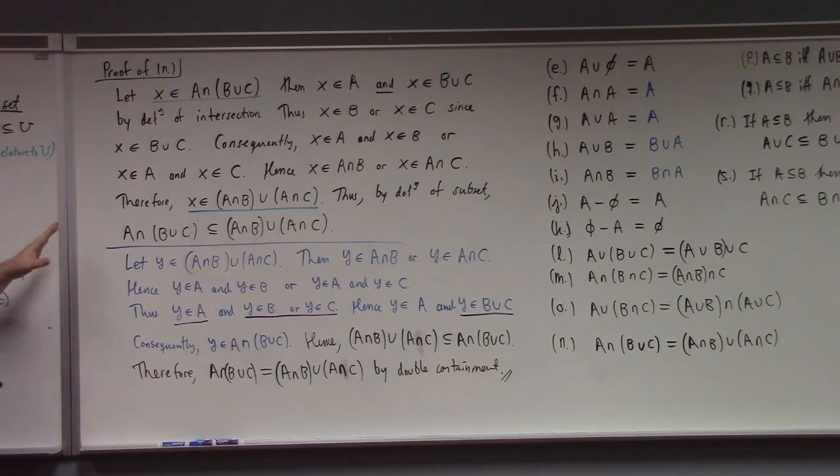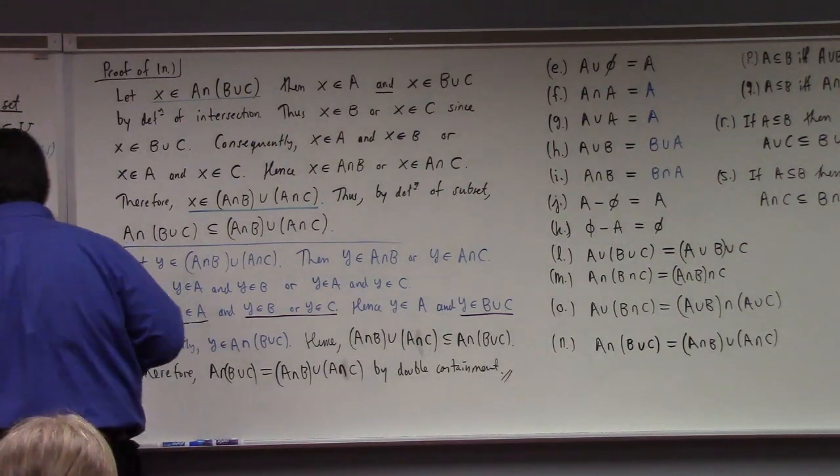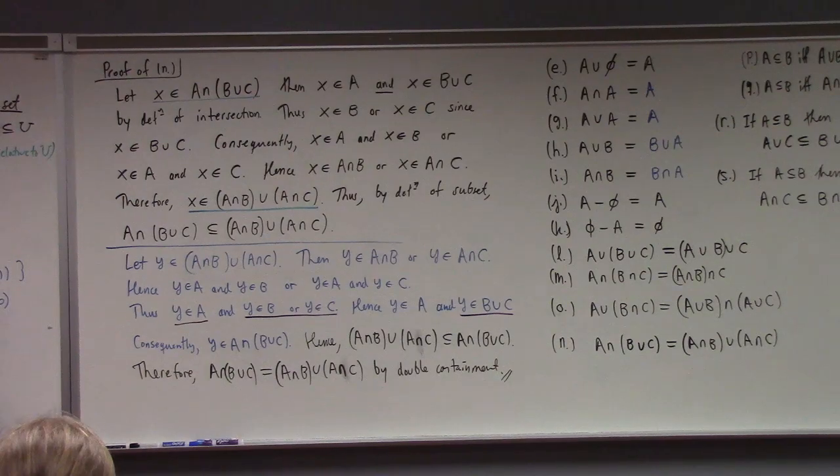In this kind of proof, if you're like me when you started all this stuff, you'd just be like, I'm kind of lost, I don't know what I'm doing. For me, as a guide for a proof like this, what was helpful was to look at a Venn diagram. Because if you look at the Venn diagram, you can see where you are and where you're going.